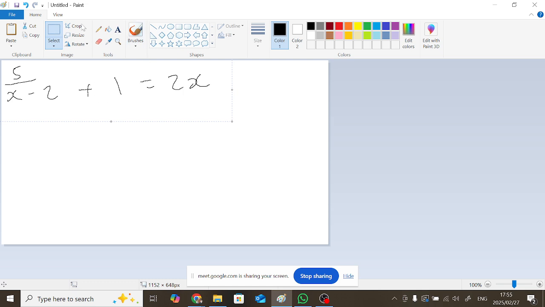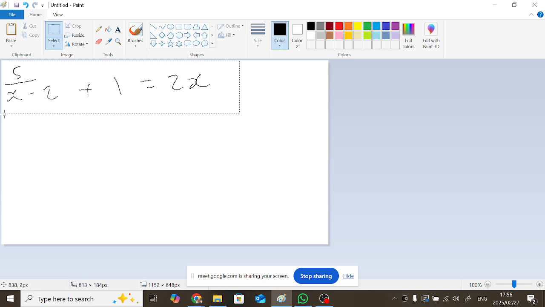Okay, so let's solve for x. What we want to do is get rid of this denominator, and the way we can do that is to multiply everything on the left-hand side and everything on the right-hand side by that denominator.